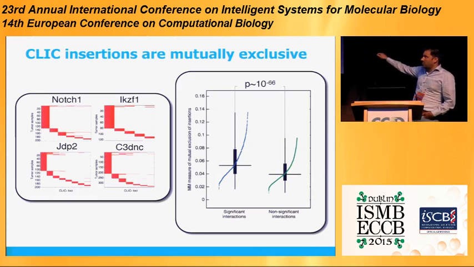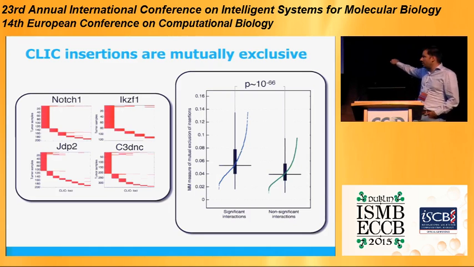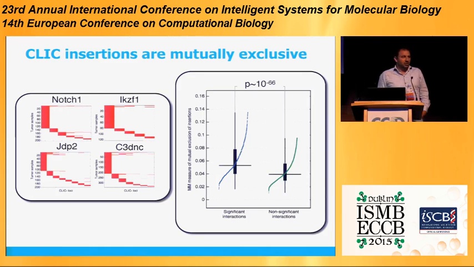This is again Notch1, but also Ikaros and a bunch of other clicks that we discovered. And if we characterize this at a more global scale, comparing the significant interactions with the non-significant interactions, we see a much stronger pattern of mutual exclusiveness compared to the non-significant interactions, which is a very significant p-value.